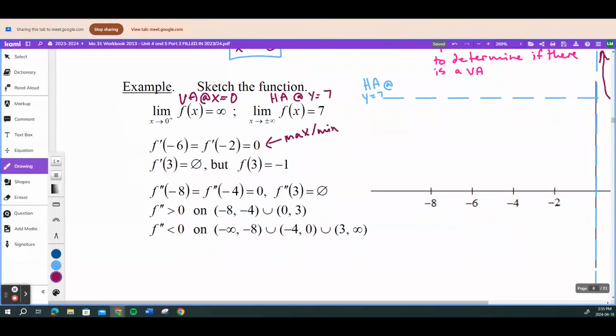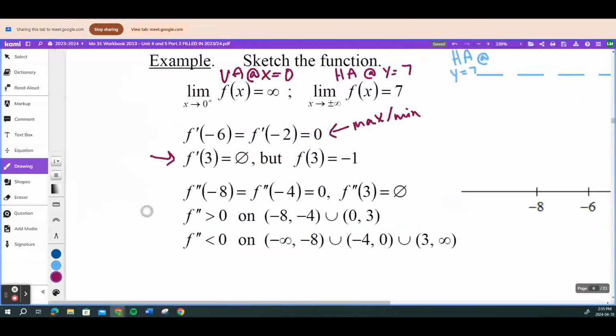Okay. This next part here says that our first derivative at x is equal to 0 does not exist. So that tells us that we have either a cusp or a corner, whatever you want to call it, or a vertical asymptote.